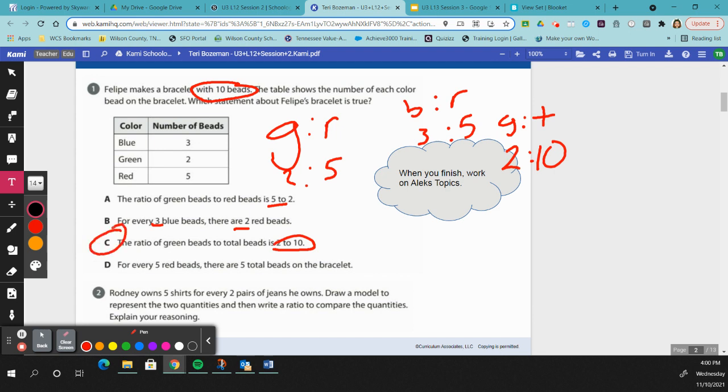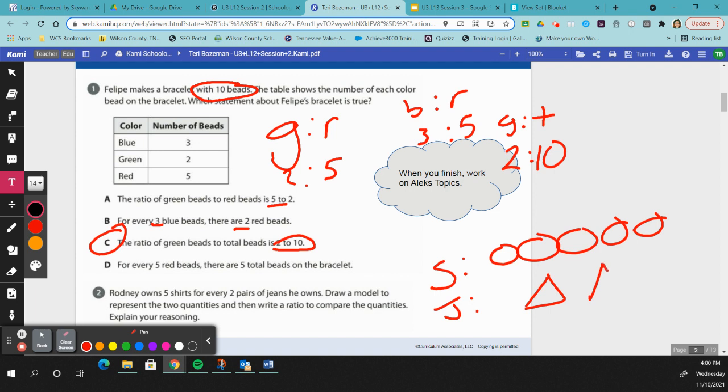Number 2, Rodney owns 5 shirts for every 2 pairs of jeans. So we have shirts, and we have 5 of those. 1, 2, 3, 4, 5. And we have jeans, and we have 2 of those. For every 5 shirts, there are 2 jeans. So it says draw a model to represent the 2 quantities, which is what this is.